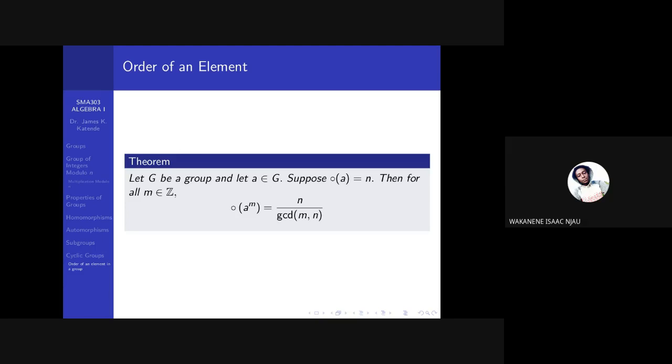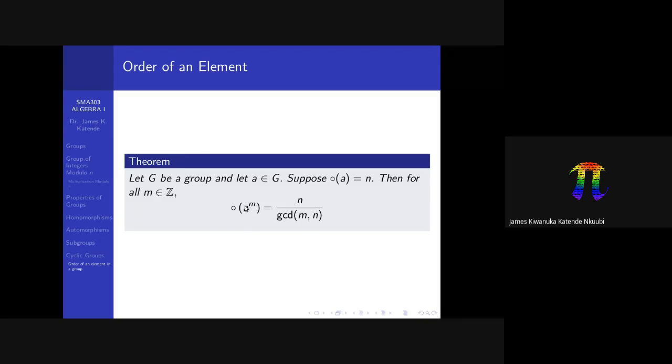That one should be clear to you by now. We have done all the properties of a group, so don't leave them behind. Carry them with you. So A raised to M simply means multiply A by itself M times.